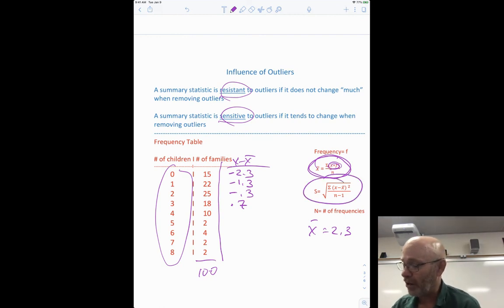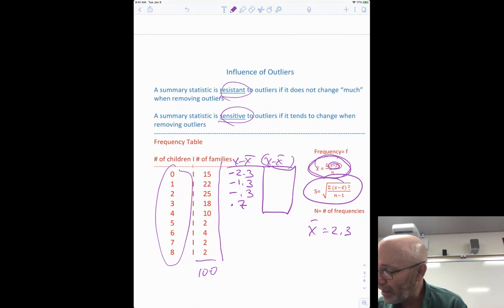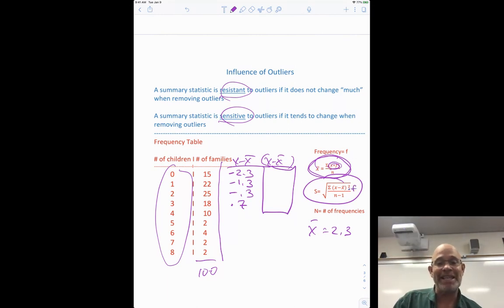Notice the formula here. Same thing we did before, but we just got a lot of zeros, right? We got 15 zeros. Then what we do is we square them. I'm not going to do the math for you. You square them, and then you have to multiply by the frequencies, because remember, it happens 15 times. So I'll do the first one for you.